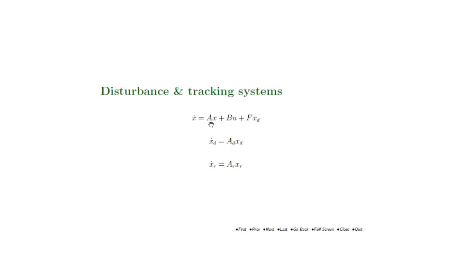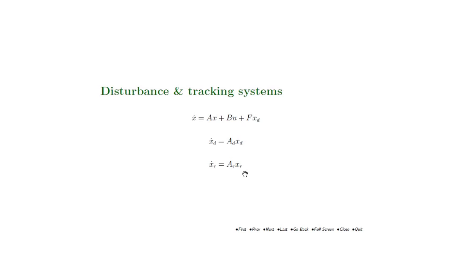Now, of course, the system will only track it if it's a perfect control system, and one doesn't get that. So there will be a difference between the actual states of the system and the states that you'd like to track. So this XR can be a function of time. If you think of something like a step, if you'd like the states to track a step, then it means that it's actually a constant function after the step.